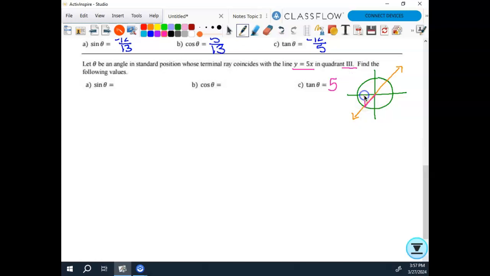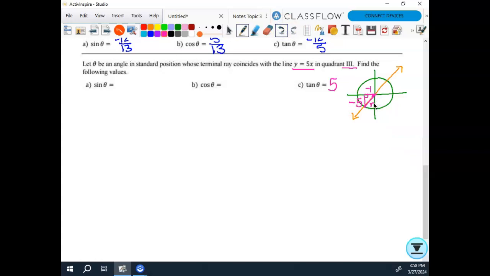I'm going to draw a triangle with the x-axis, and here's my reference angle. Tangent is y over x, so think about this as 5 over 1, this is 5, this is 1, but since we're in the third quadrant, this x value is negative, and so is the y value, and then I need r.